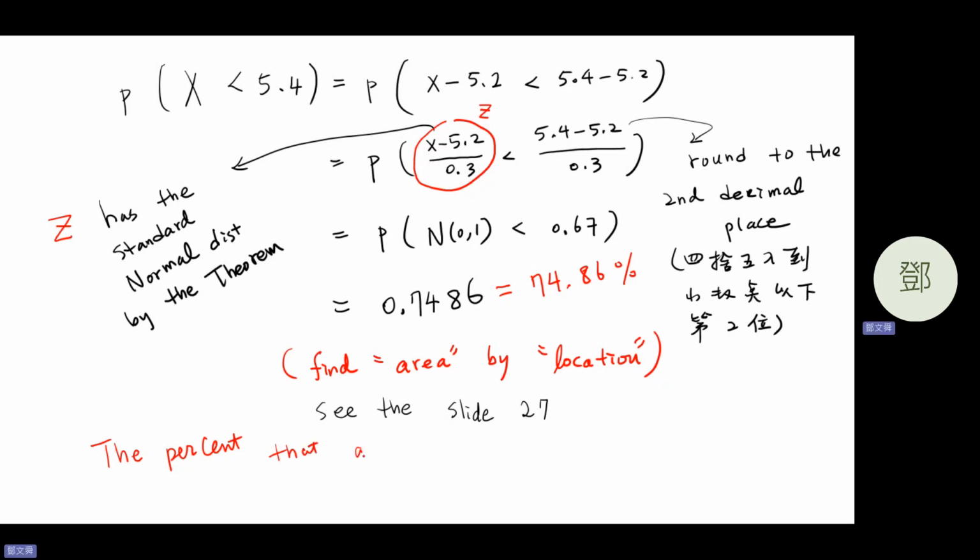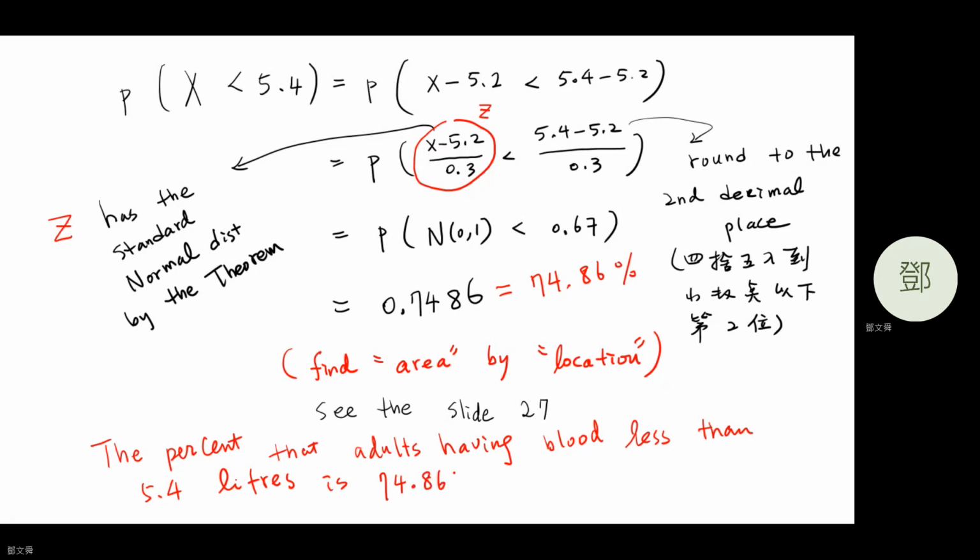The adults having blood less than 5.4 liters is... Is there a typo in this sentence? Is there a typo?